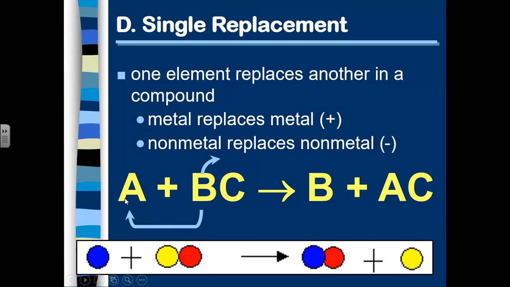So remember, metal replaces metal, non-metal replaces non-metal, okay? And we're going to have to look up to see if this free element has a greater activity series. I'm going to show you that in a second to be able to kick this one out of the compound, okay?